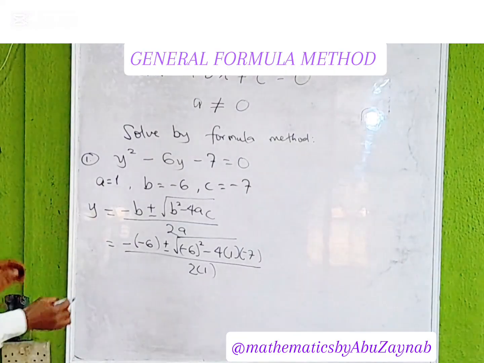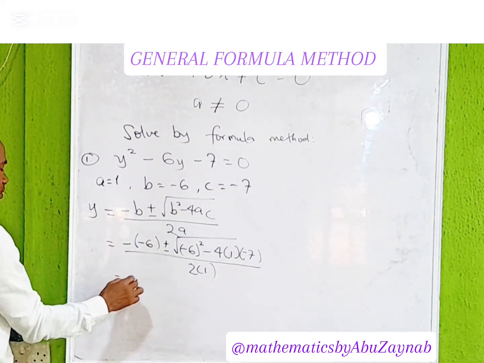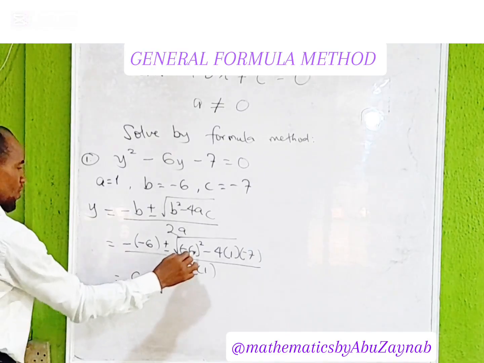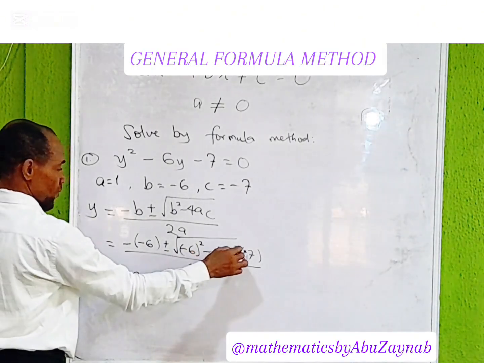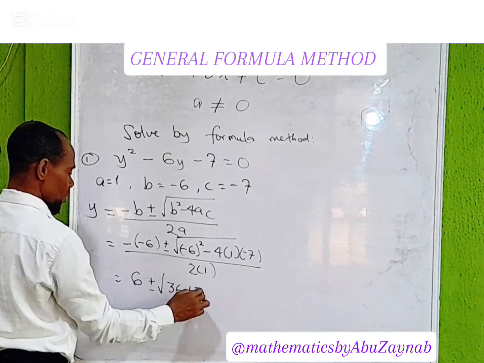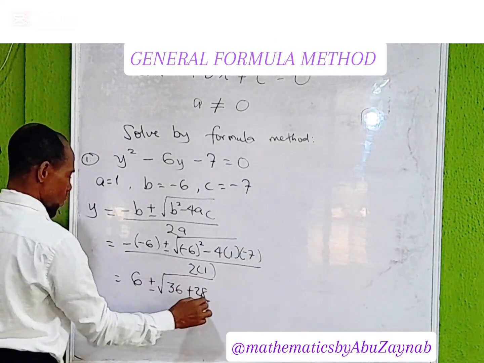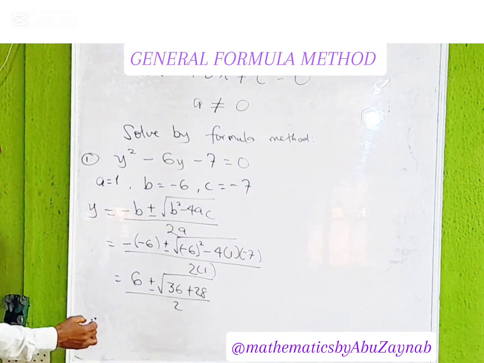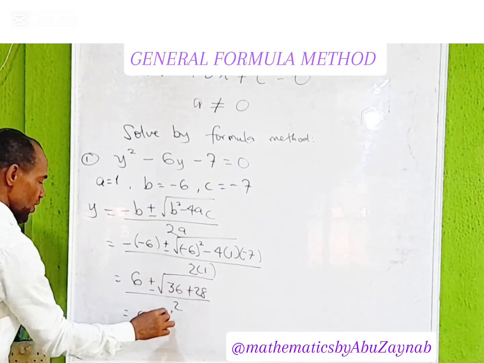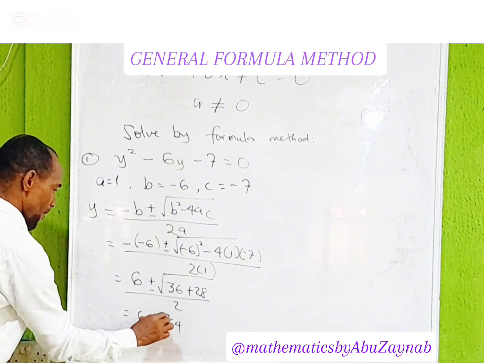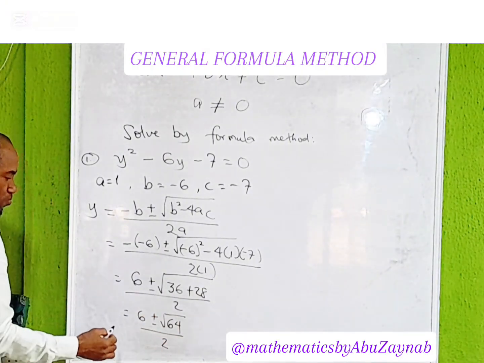Just substitution. This gives us minus times minus 6, plus or minus 6 squared is 36, minus 4 times 1 times minus 7, that's plus 28, over 2. So we have 6 plus or minus 36 plus 28 is 64 over 2.